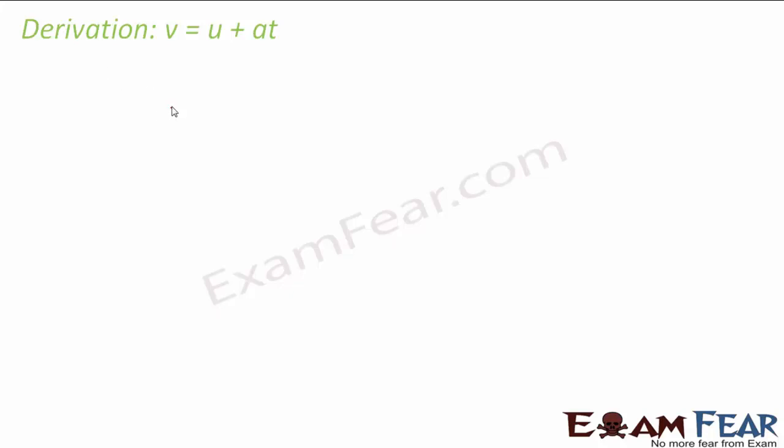So far we know that as per the definition of acceleration, what is acceleration? Acceleration is the rate of change of velocity, right? That is acceleration. So what does that mean? That means change of velocity with time. So change of velocity is final velocity minus initial velocity upon time.